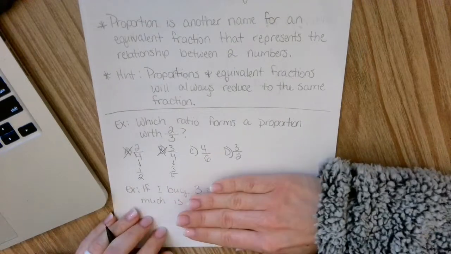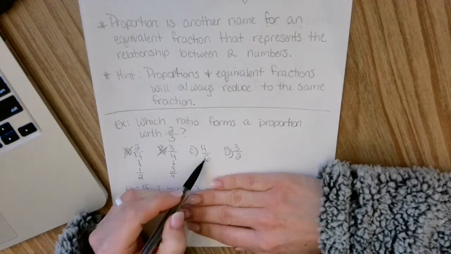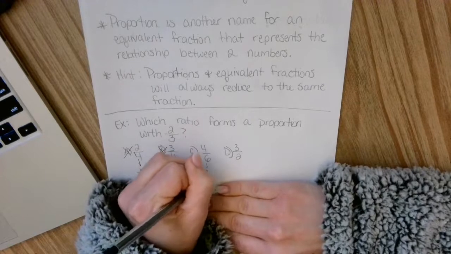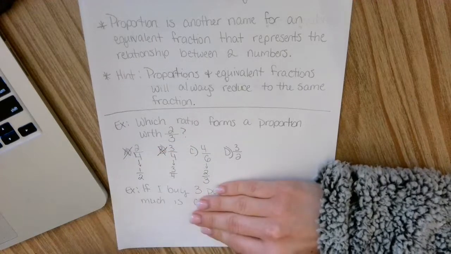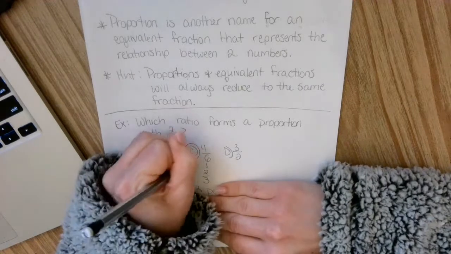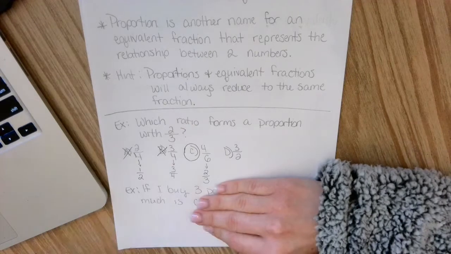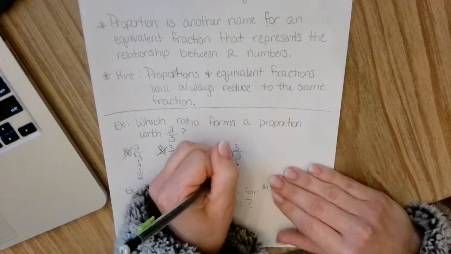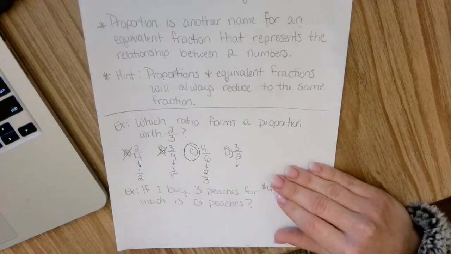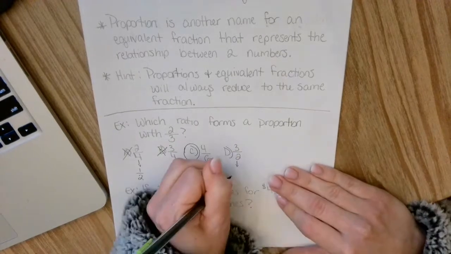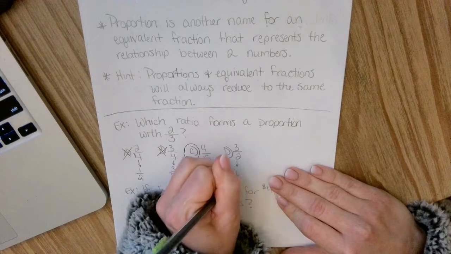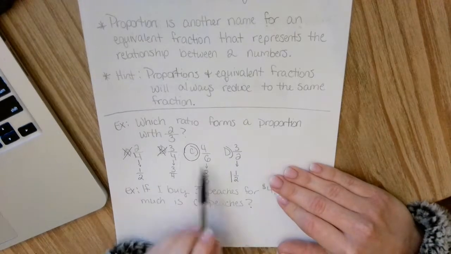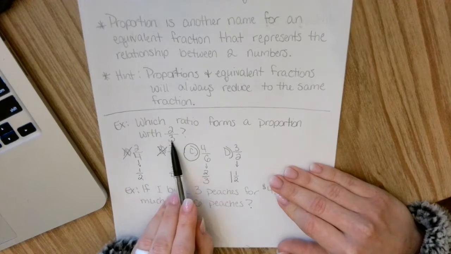Now C, if I was to reduce that answer down, then guess what? I do get 2/3. So C is actually going to be my answer. And D, we'll just do that for the sake of it. That reduces down as a mixed number, which would be 1 and 1/2. 1 and 1/2 obviously does not pair up with 2/3.